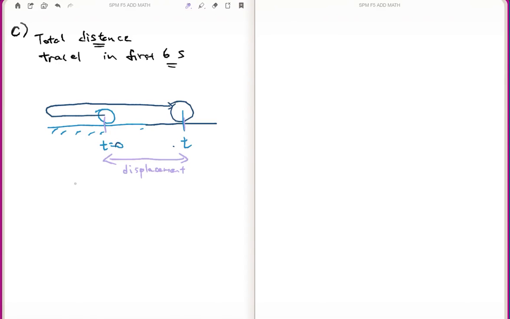However, distance traveled would be the distance from here to here, and then here to here. Maybe we'll use a highlighter. So this one and this one is the distance traveled. Okay?